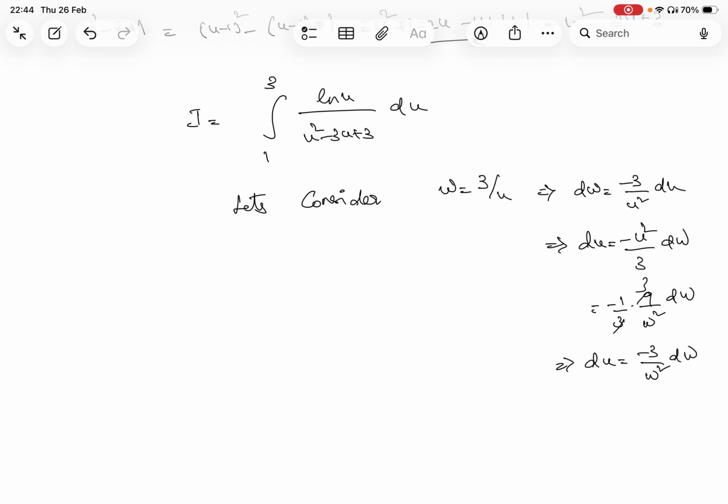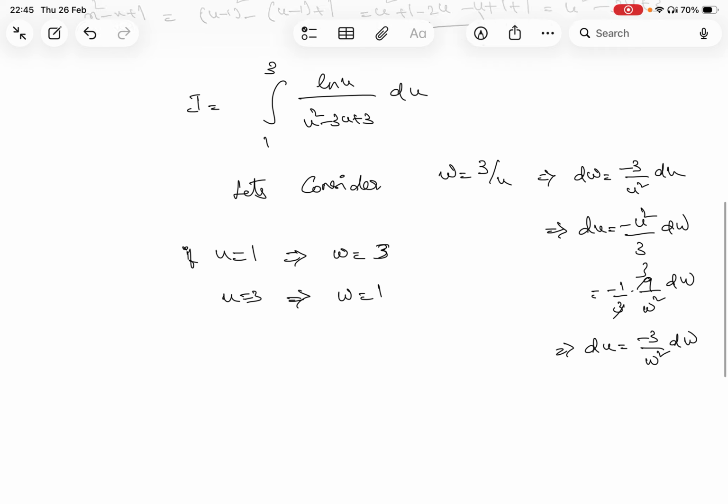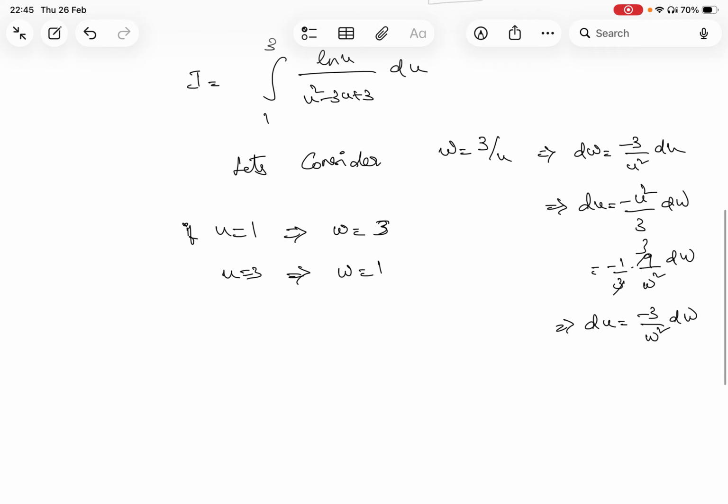Now what about the integration limits? If u equals 1, then w is 3. If u is 3, w becomes 1, since 3 by 3 is 1, right? Now let's substitute it here.